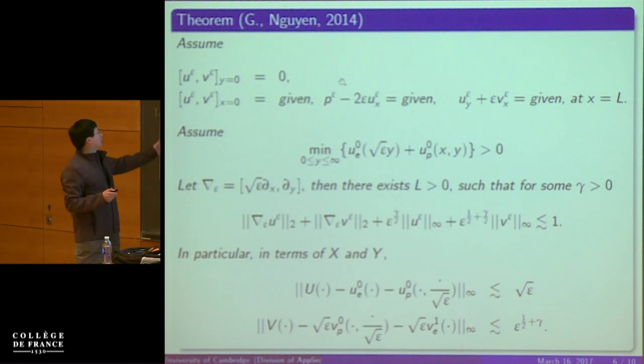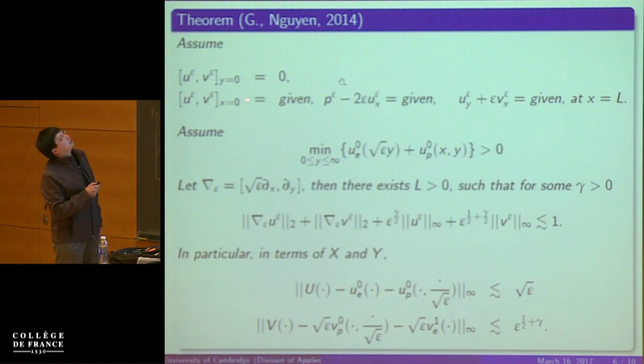So this is like a so-called Dirichlet boundary condition. On the other side, when x equals L, we assume that the pressure remainder, minus this funny combination, is known, or is bounded.